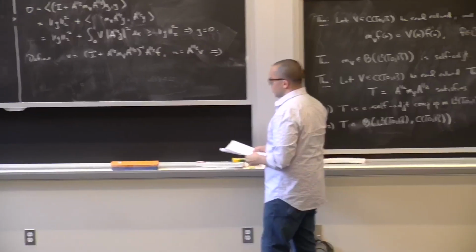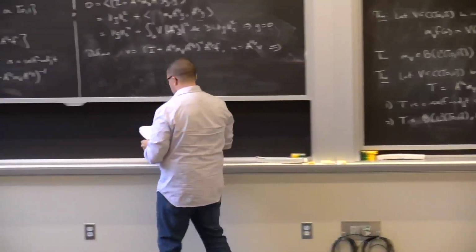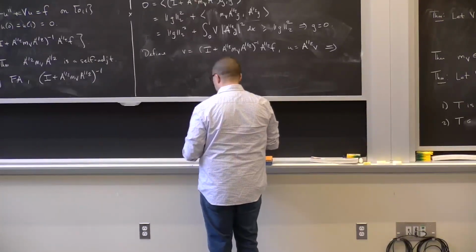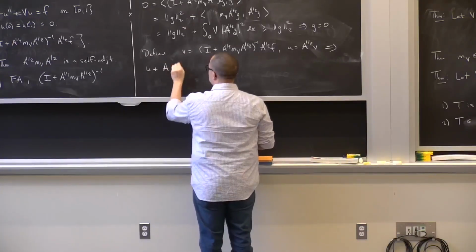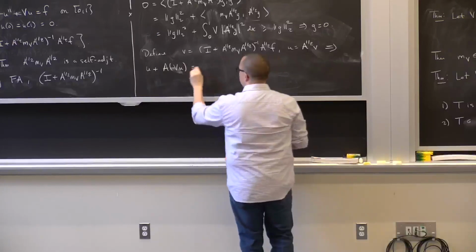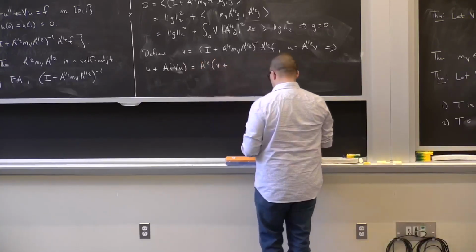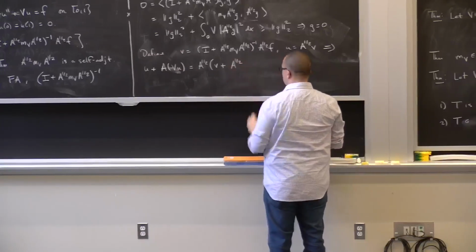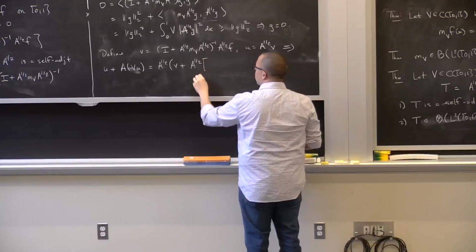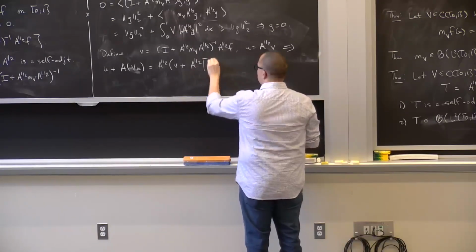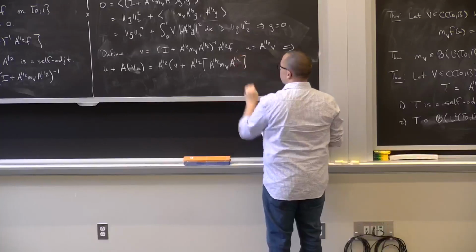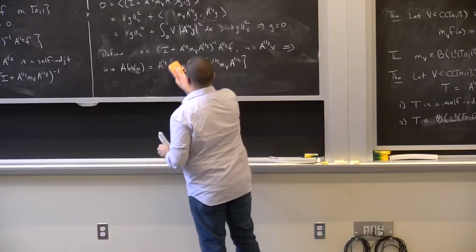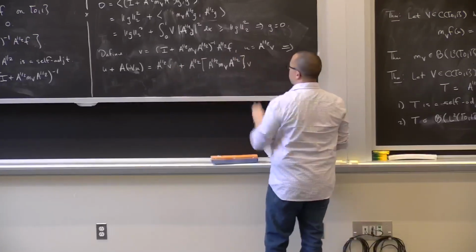Okay, so then what do I get? Then u plus a applied to multiplication by b of u, this is equal, by definition, to a to the 1/2 v plus a to the 1/2, simply because a is equal to a to the 1/2 squared, applied to b v.